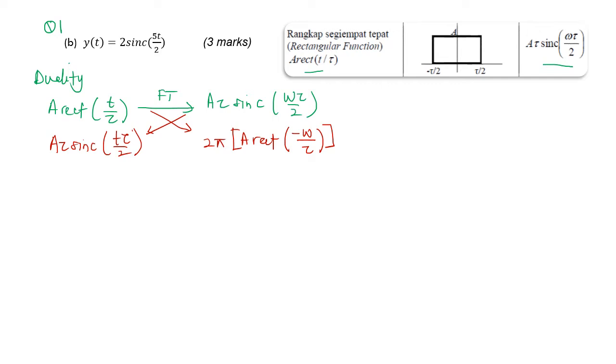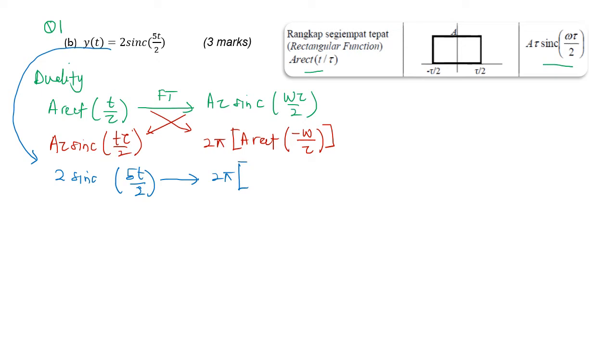In this case, you have y(t) equal to this equation. Now compare the given equation with the general equation. You have 2 sinc of 5t divided by 2, so this one will be 2 pi. What is your A?